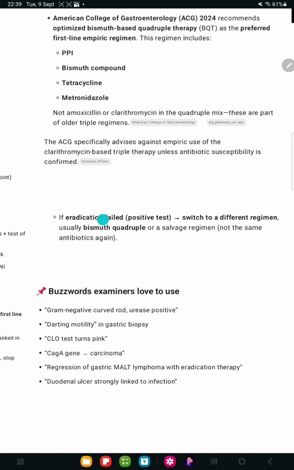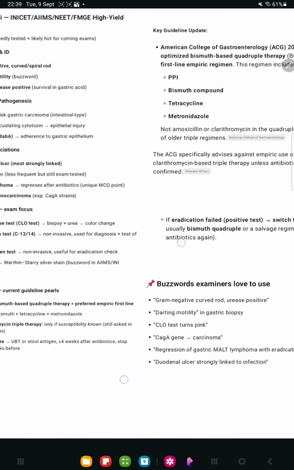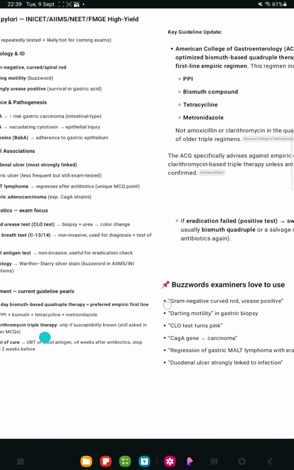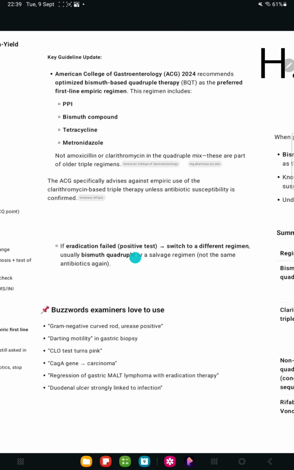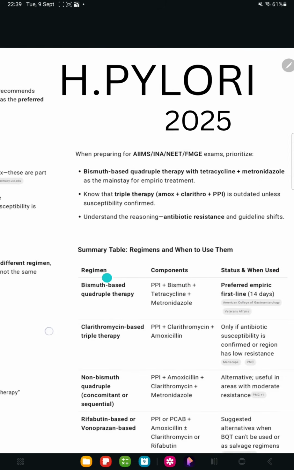If eradication failed, after giving the antibiotics you go for the test of cure, and if again there is a positive test, you switch to a different regimen, usually bismuth quadruple or a salvage regimen, that means not the same antibiotics again.